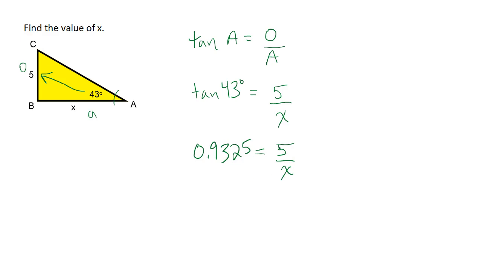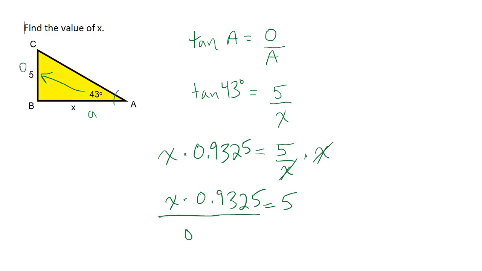Now since we want the x by itself, we're going to use our algebra rules like before. We're going to multiply each side by x. That way these x's will cancel, and we'll be left with a 5 equals x times 0.9325. Now we can just divide both sides by 0.9325.